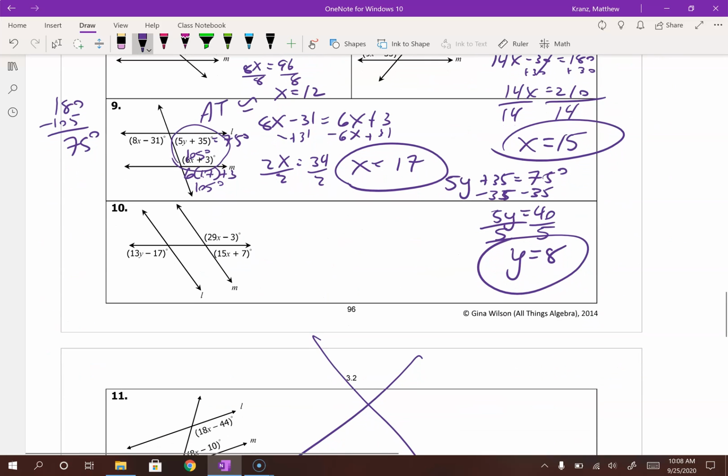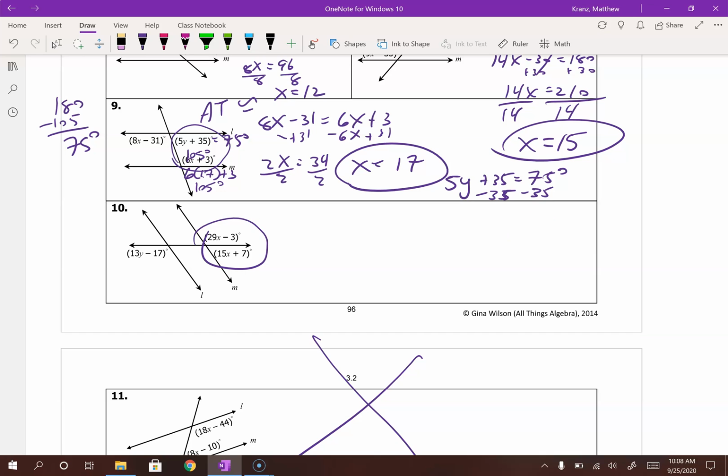Then finally, number 10, we do have to do the x's first because there are only two that are alike. They are a linear pair, so they equal 180. So 29x minus 3 plus 15x plus 7 equals 180. I have to combine my like terms, 15 and 29.